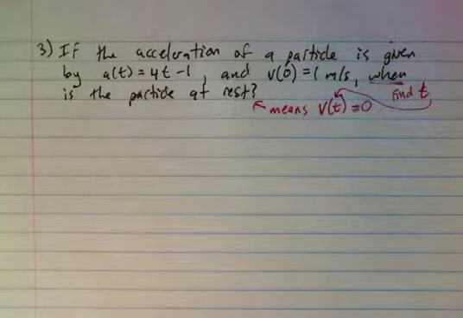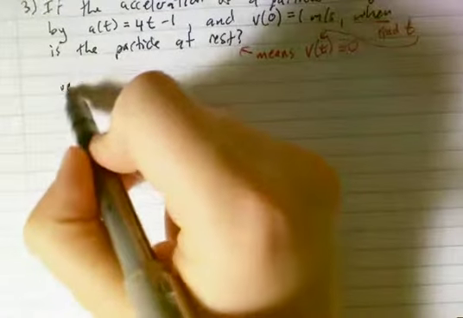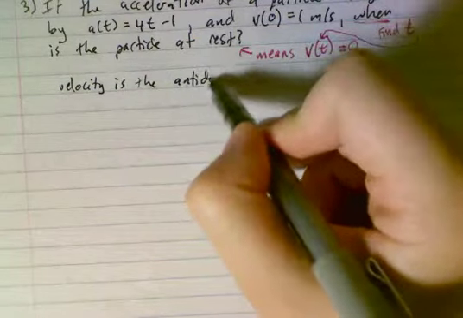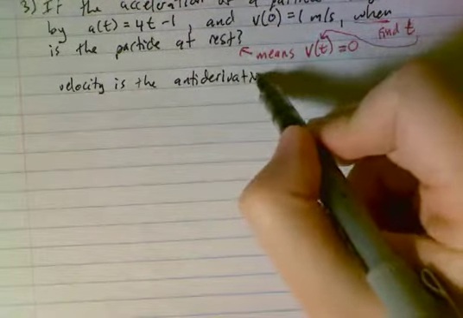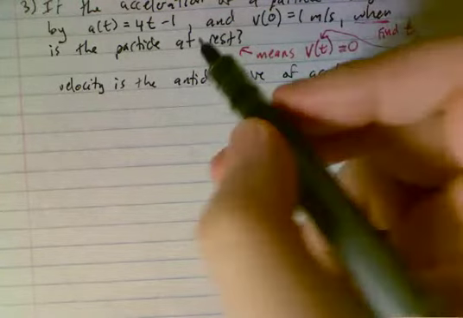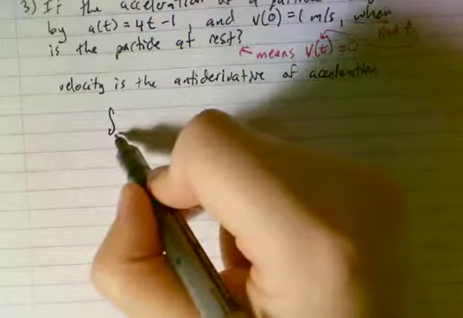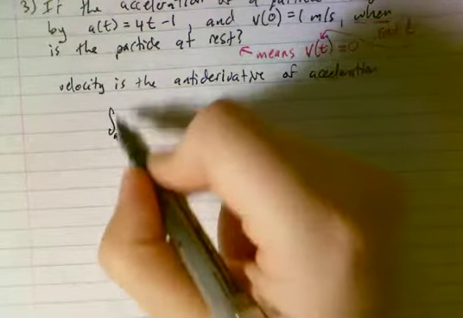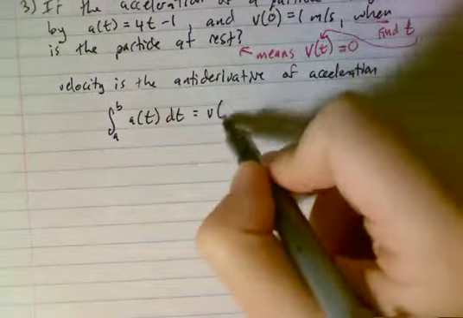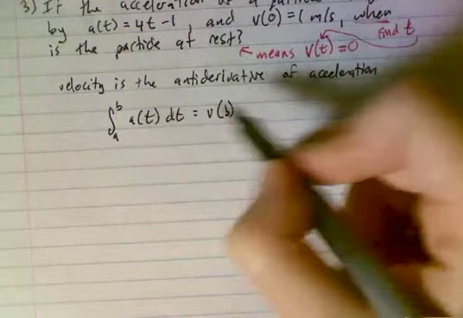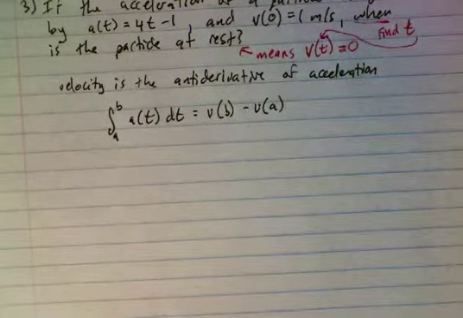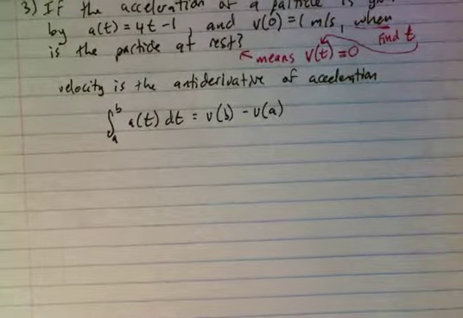So because velocity is the antiderivative of acceleration, that means the integral from a to b of a of t dt is velocity at that top time, minus velocity at that other time.